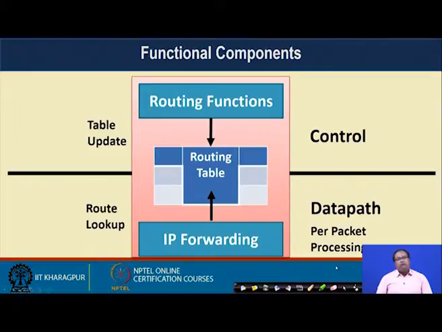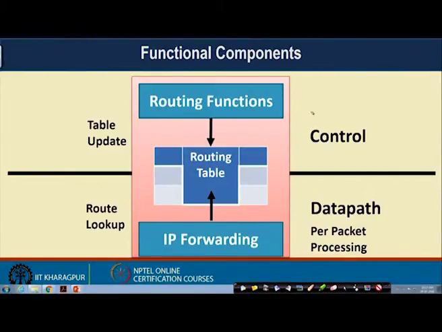Now, let us look into the functional components of a router from the perspective of the control and the data path. You have the routing function, and in the data path you have the IP forwarding as we have mentioned, and in between you have the routing table. So, these routing functionalities apply different kinds of routing protocol based on your configuration.